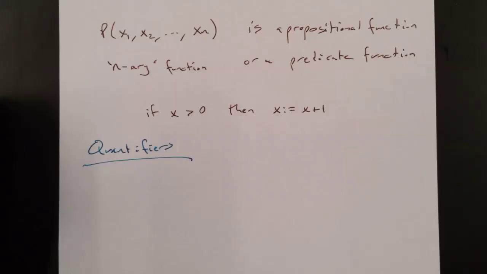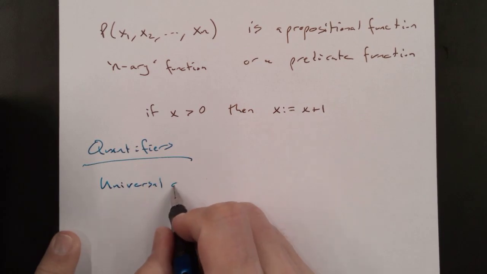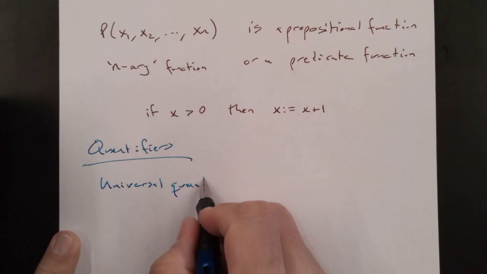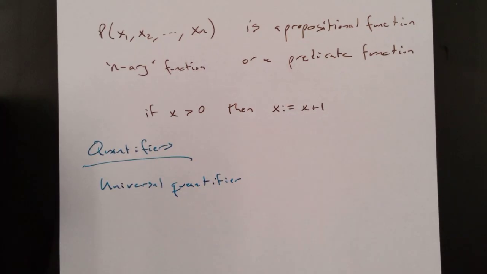There are two commonly used quantifiers in formal logic. The first one is called the universal quantifier. So I have this idea of a propositional function p of x.